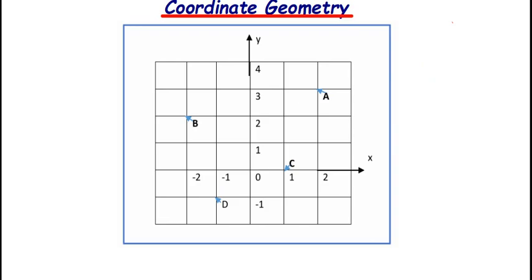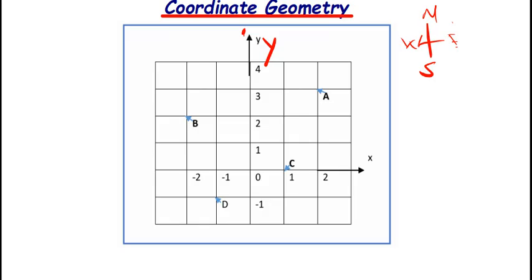Now we have to understand that mostly under coordinate geometry we'll be dealing with the Cartesian plane. So this is the Cartesian plane. We have y there, starting from this point. Let's say if you have the compass, this is your north, that is your south, this is your east, and that is your west. So from north to south it is the y-axis, and from west to east it is the x-axis.